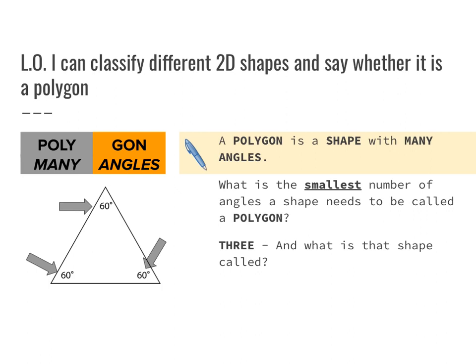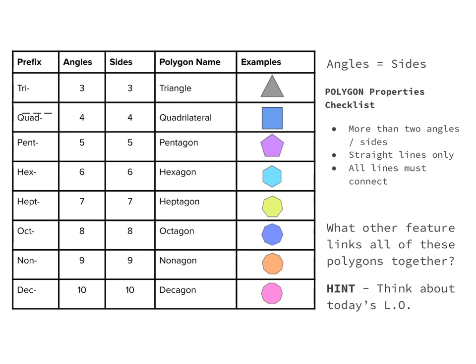And what do we call this shape? Yes, we call this a triangle. So a triangle is a polygon. There are many other polygons, like we can see here.